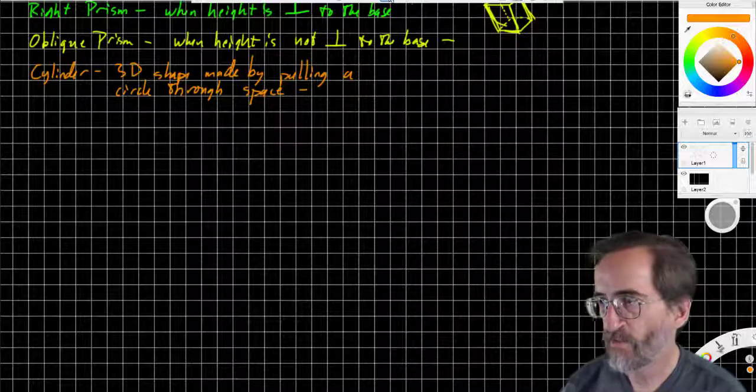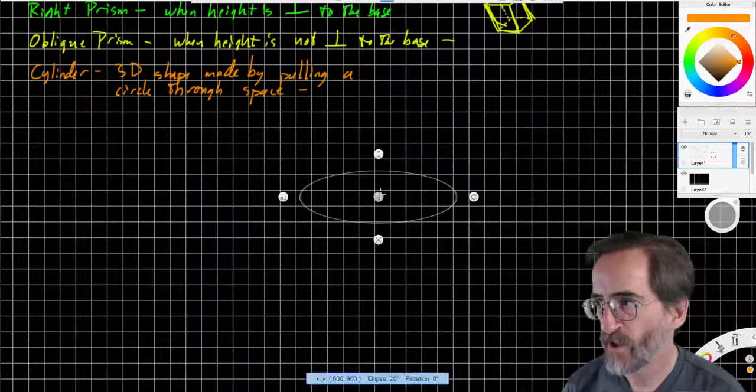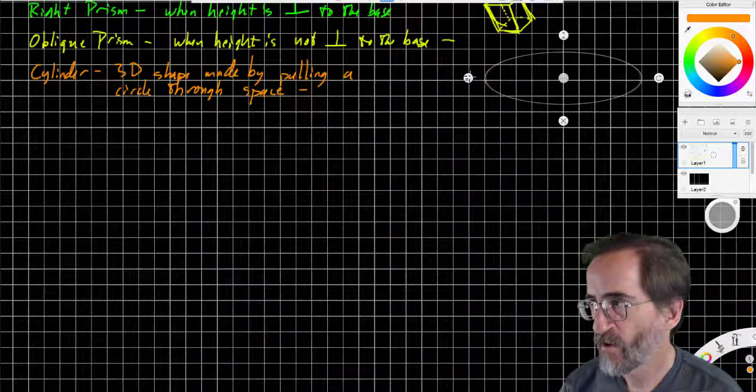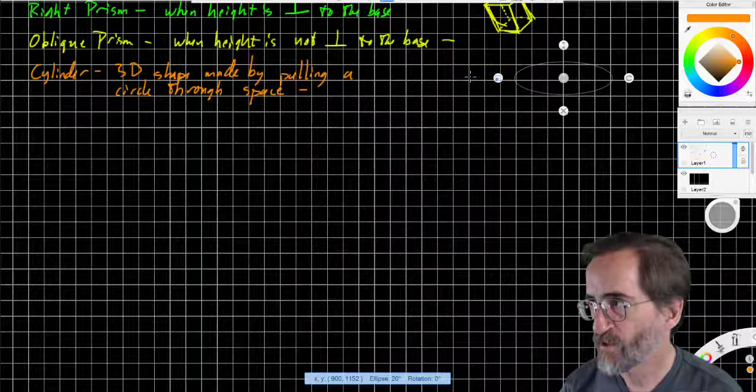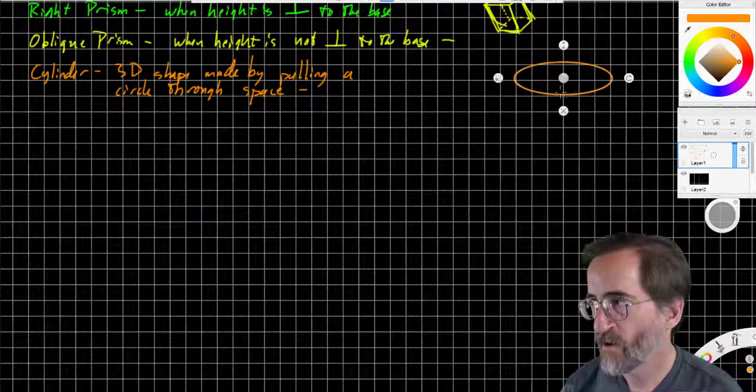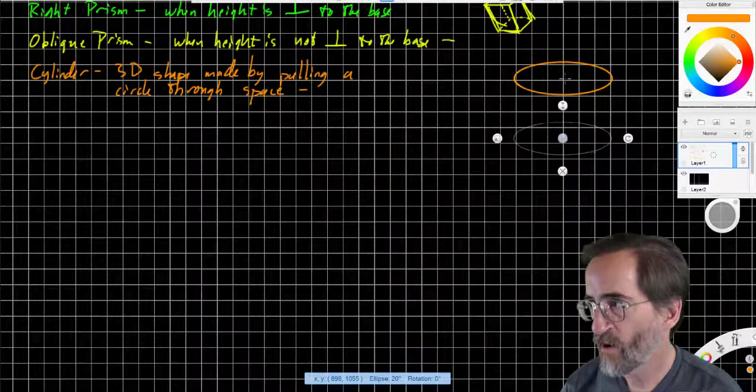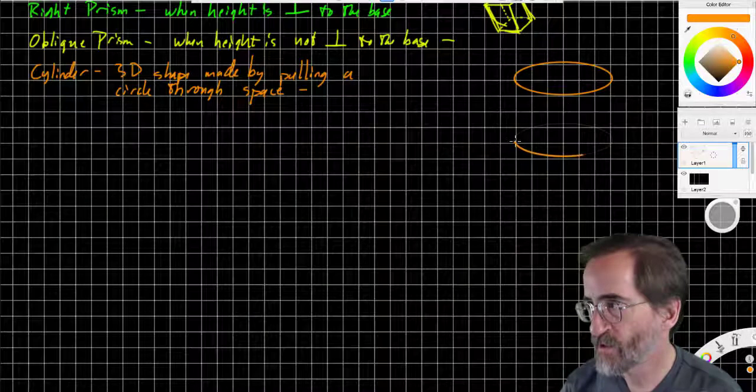Okay, here I'm going to use my drawing tools because we're going to refer to this repeatedly. So we pull a circle through space.